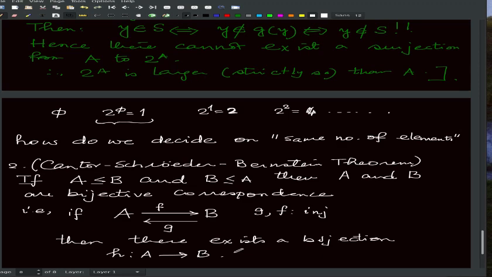Okay? We will prove the Schroeder-Bernstein theorem next time, next day. I don't want to do both the proofs on the same day, and I think also an hour is over, so it could be tense.